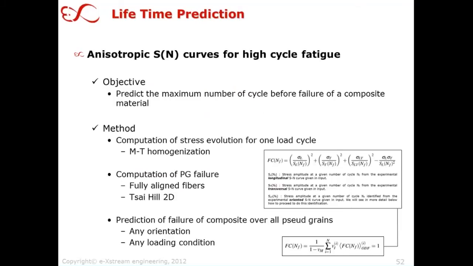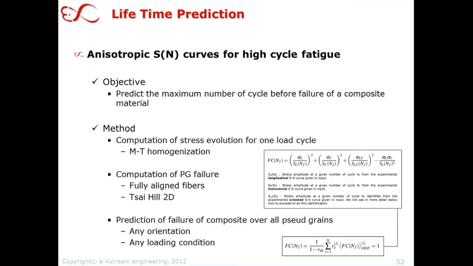What's behind it is, of course, again, a complex material model, and the objective of this material model is to predict the maximum number of cycles before failure of the composite material. The method that we use is that for one load cycle, we use Mori-Tanaka homogenization to compute the stress evolution in the representative volume element. And then we compute the failure of one pseudo-grain.